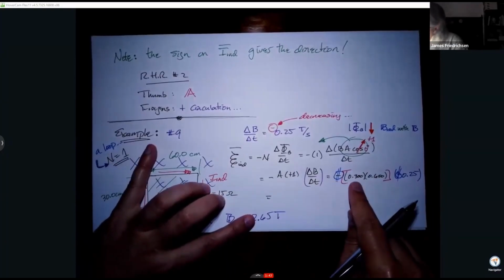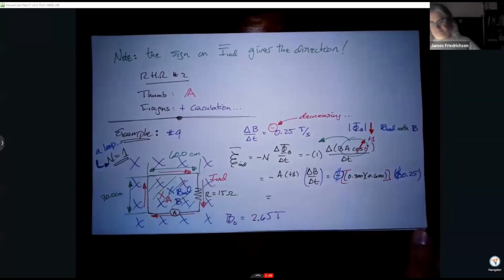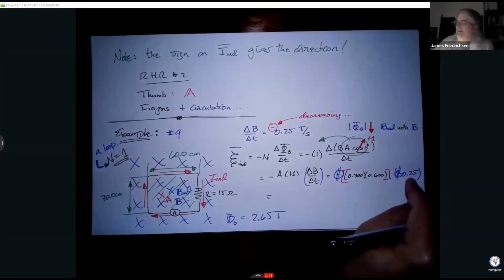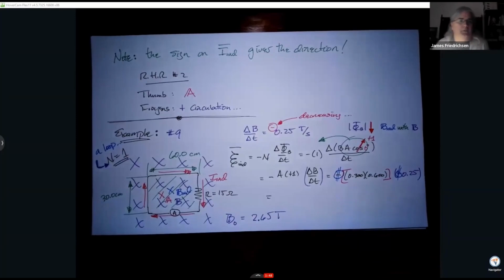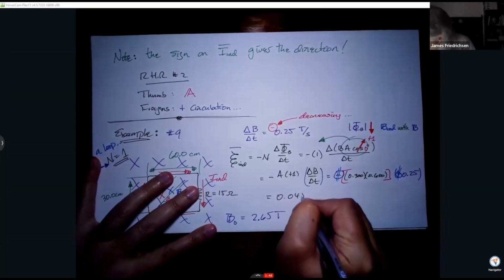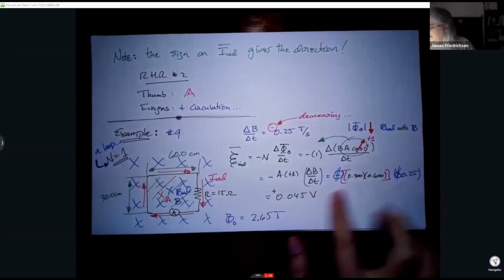And this gives me 0.3 times 0.6 times 0.25. Okay, so 3 and 6 are what, 18? So that's 0.18. This is a quarter of that. There we go, 0.045 volts. And it's now positive.